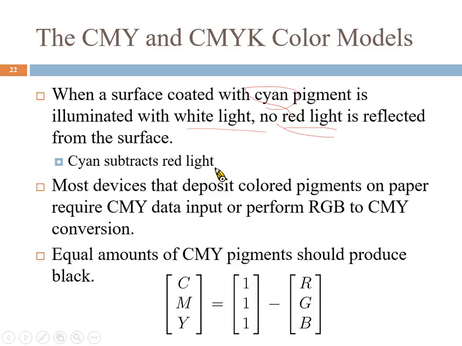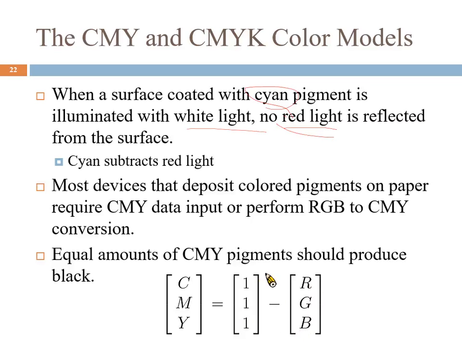So we have to do a color space transformation, and basically such a transformation is quite easy because the relationship is linear, and it's just a subtraction. So CMY is equal to 1 minus RGB.